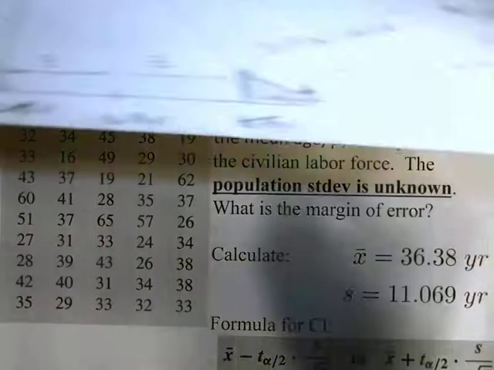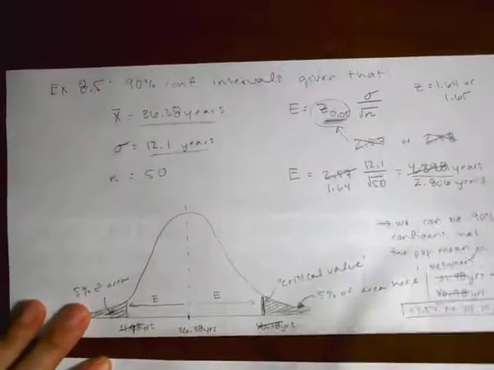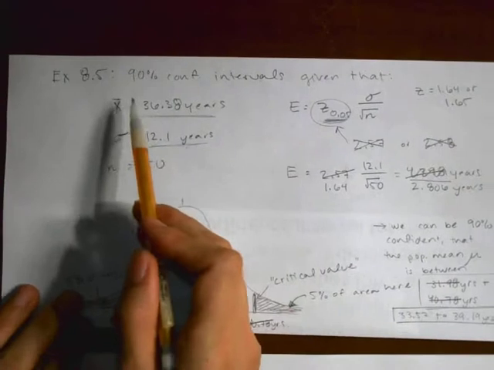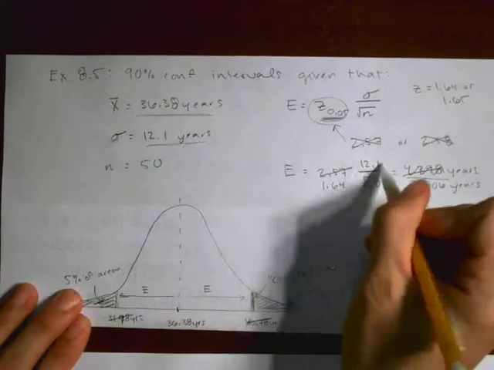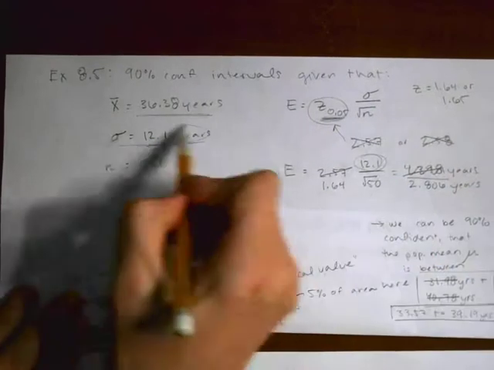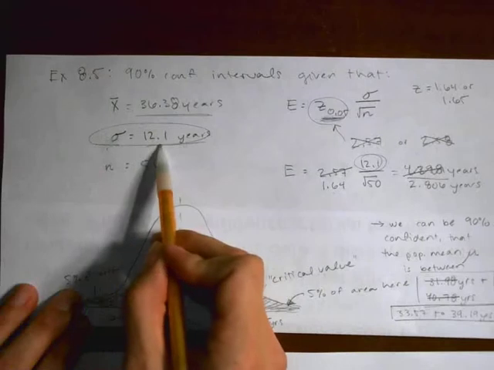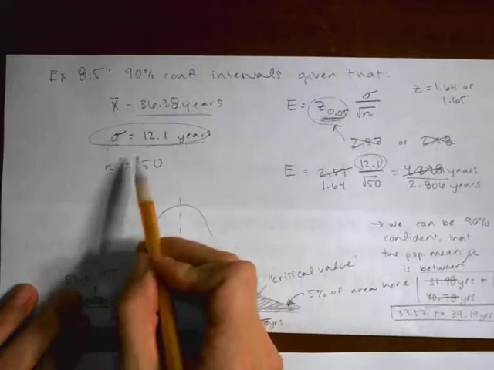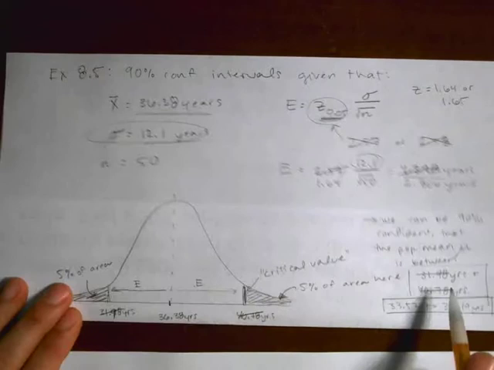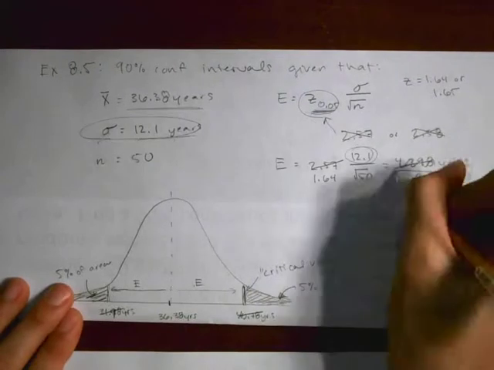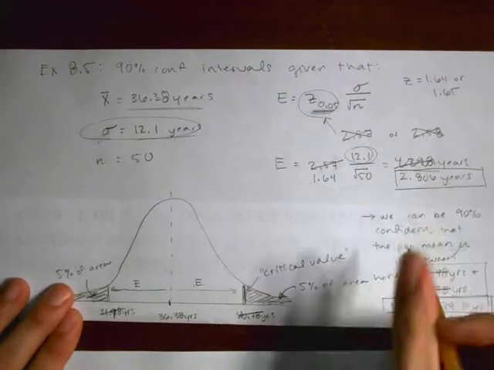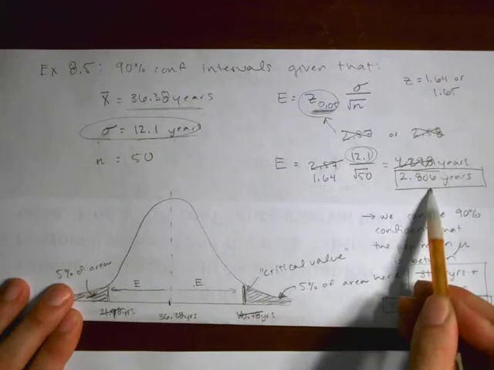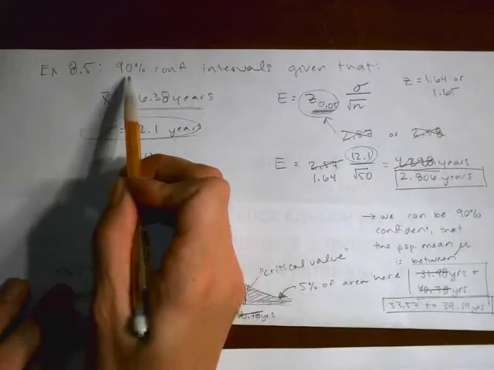So just to backtrack a smidge, it's good that I caught that mistake. So we're going to redo our 90% confidence interval estimate, only now we don't know that the population standard deviation is 12.1. So we got with this data that our margin of error was 2.806 years.